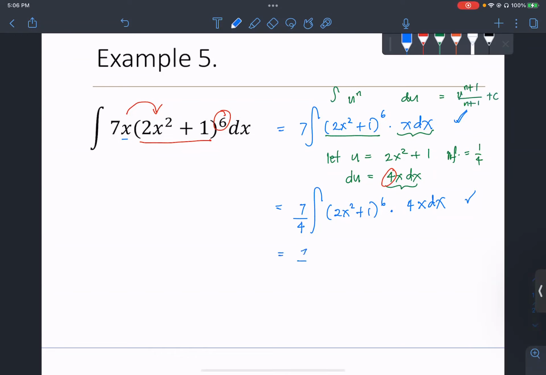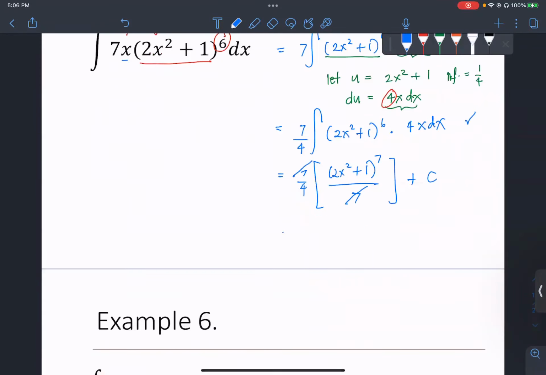So in short, that would be 7/4. Multiply it with, ang u natin, it's 2x squared plus 1 raised to 6 plus 1, it's 7 all over 7 and plus c. So this would be cancelled out.